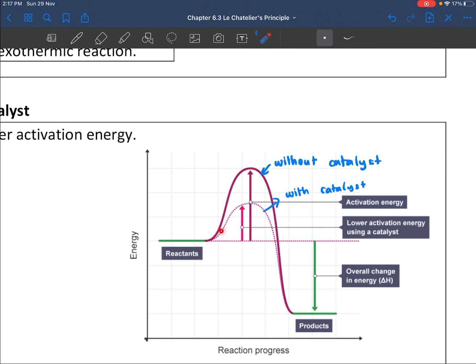So kiranya dia provide jalan lain, jalan alternatif yang ada activation energy yang lagi rendah. So ini activation energy yang lagi rendah compared to yang ini. Okay, so bila activation energy tu rendah, that means lebih banyaklah reaktan yang boleh tukar jadi produk. Okay, sebab dia tak perlu energy yang banyak. That's why dia boleh speed up the chemical reaction. Okay, so that is definition of catalyst sahaja.